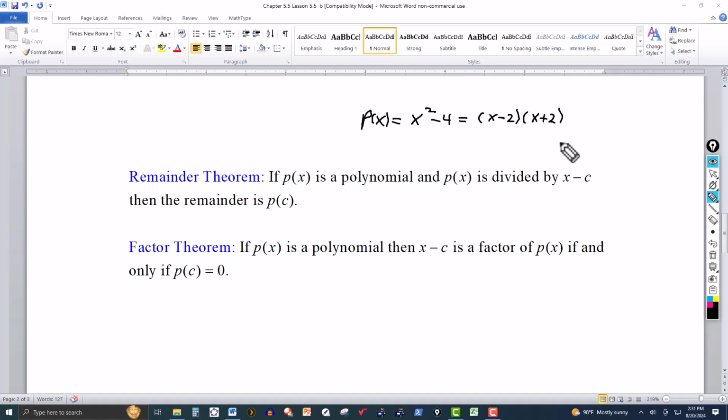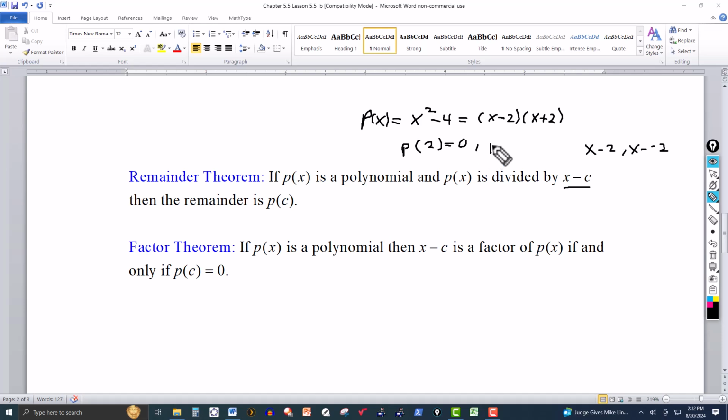So it's clear that x minus 2 divides the polynomial. Remainder is 0. x plus 2 also divides it. So notice again, the factor should be x minus c, so I have to rewrite x plus 2 as x minus a minus 2. So notice if I evaluate this polynomial at 2, I get 0.